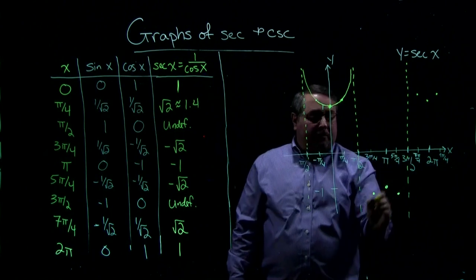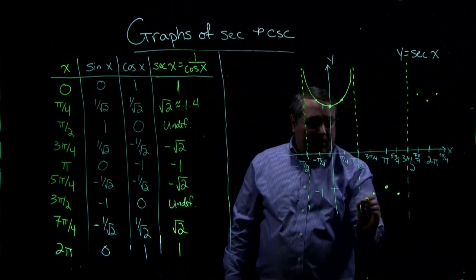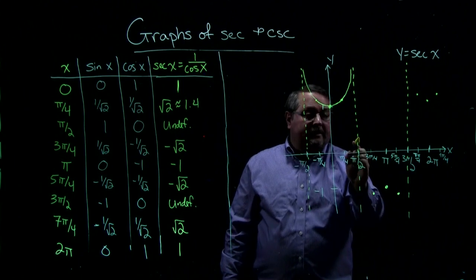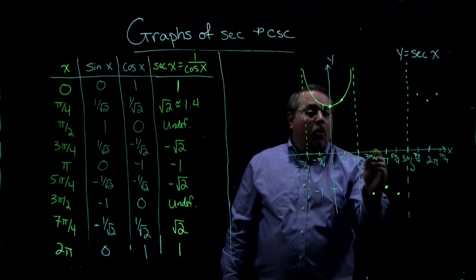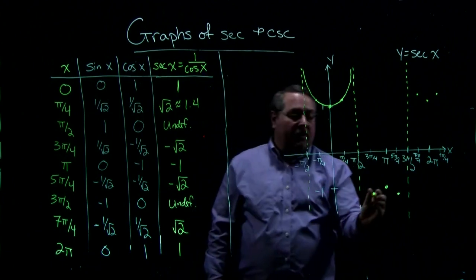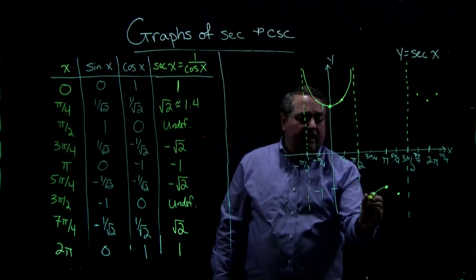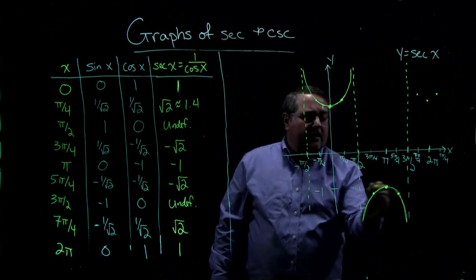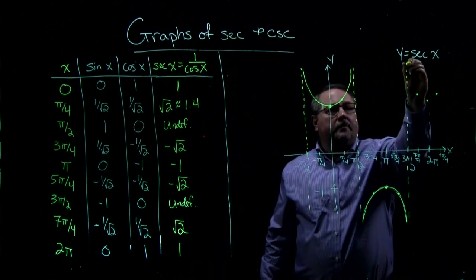Between pi over 2 and 3 pi over 2, we're going to have similar behavior, but now we're in the second and third quadrant where the cosine and similarly the secant values are negative, and therefore as we approach these vertical asymptotes, our secant values are going to go to negative infinity.